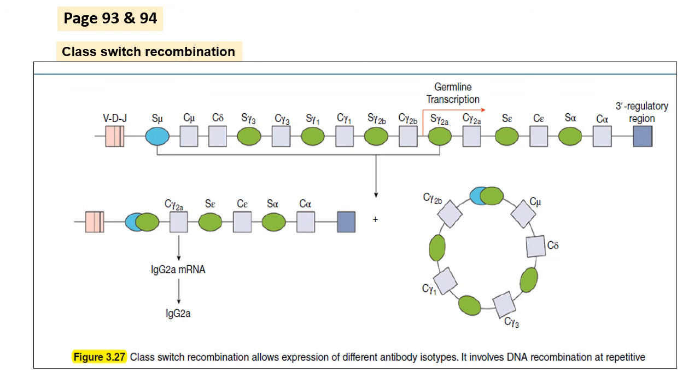And the messenger RNA now knows what code should be synthesized, and then codes for IgG2A instead of IgM. Okay.